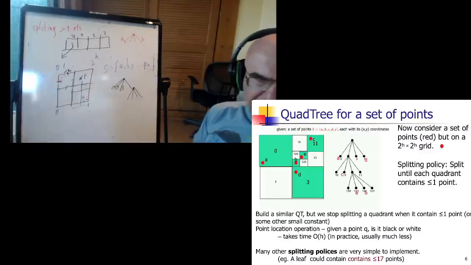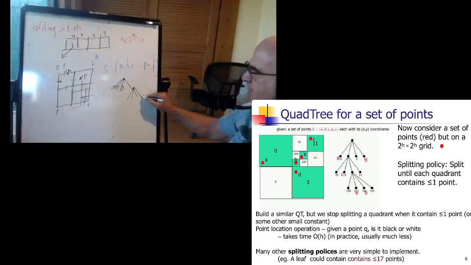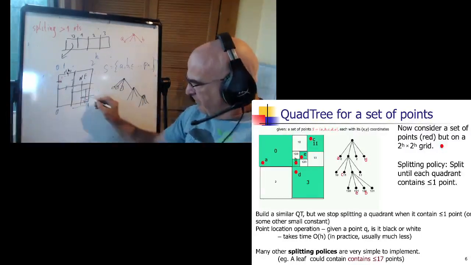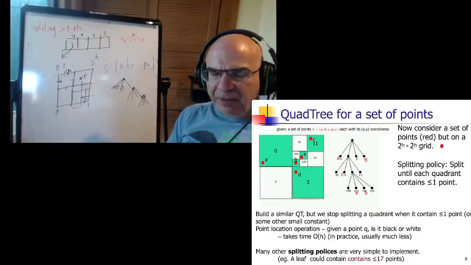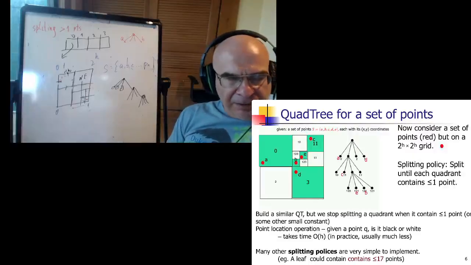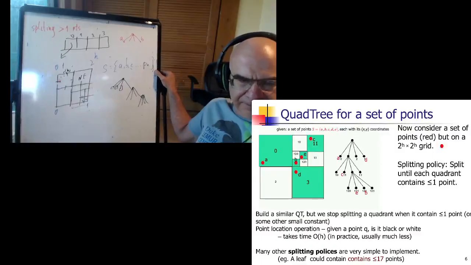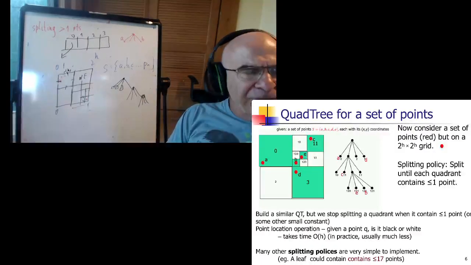But I still did not separate them. So this child will have to split again. And so on, until I am in very low resolution and finally able to separate them, into different quadrants. And that's fine. That's a property of the quadtree.